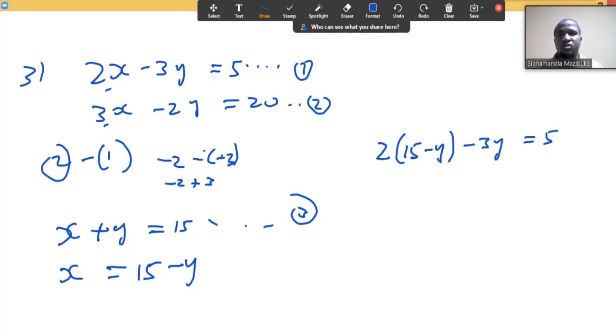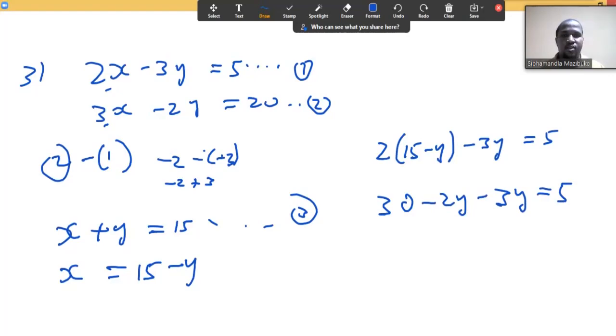So we just substituted x from equation 3. We're just looking at equation 1. Okay, so this should give us 30 minus 2y minus 3y equal to 5.